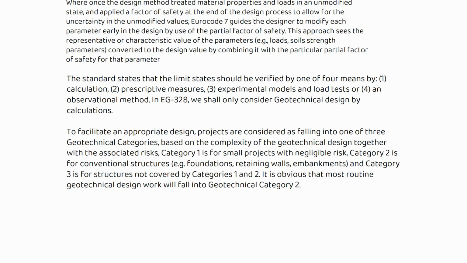Category 2 is for conventional structures, e.g., foundations, retaining walls, embankments. And category 3 is for structures not covered by categories 1 and 2. It is obvious that most routine geotechnical design work will fall into geotechnical category 2.